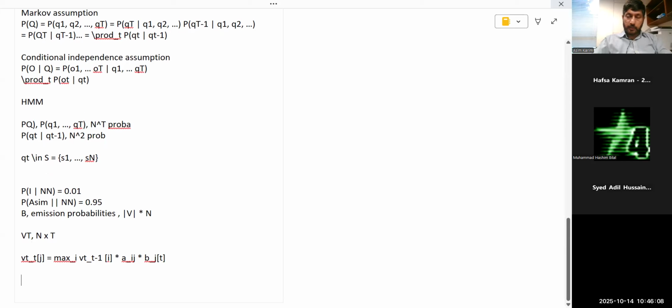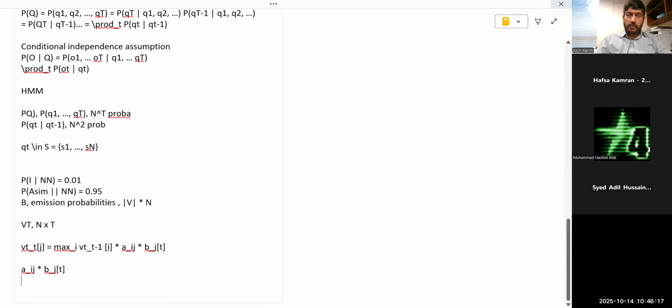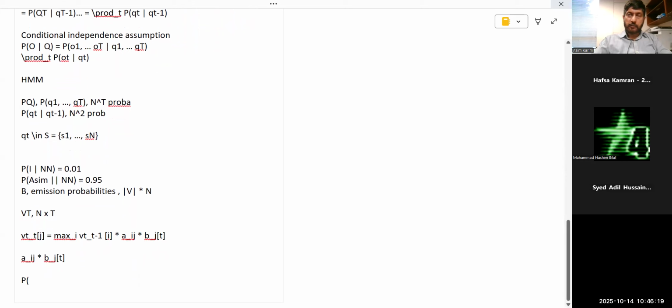So if I write this in terms of a_ij times b_j(t), this is basically the probability of S_j given S_i, multiplied by the probability of O_t given S_j.